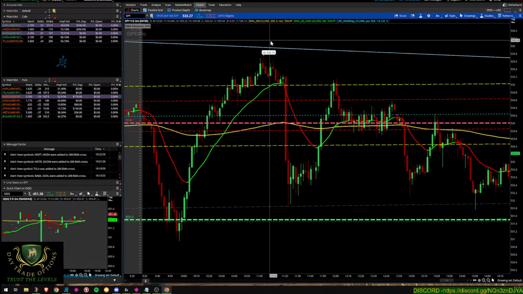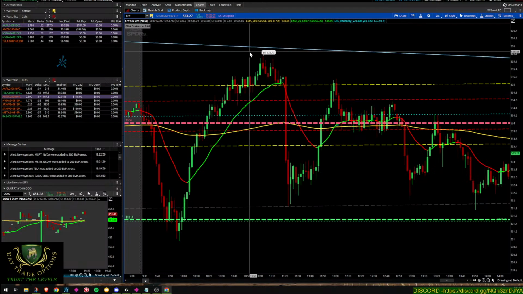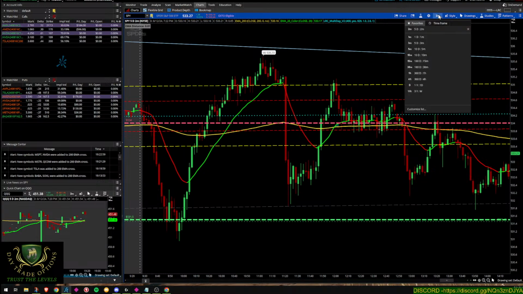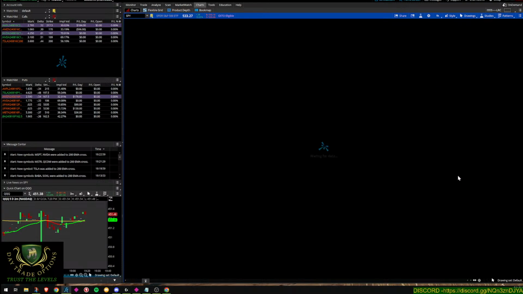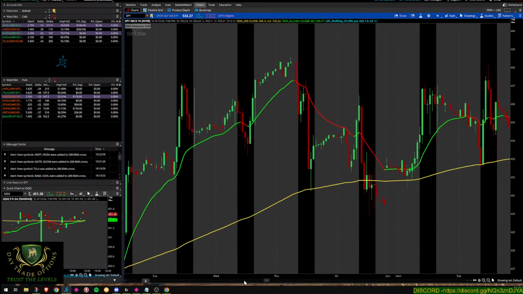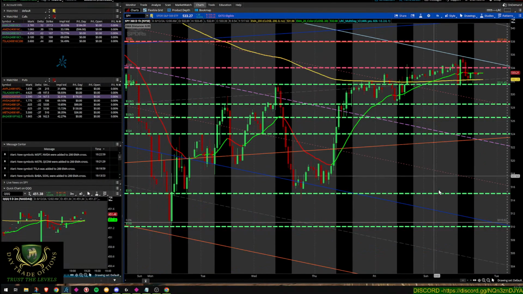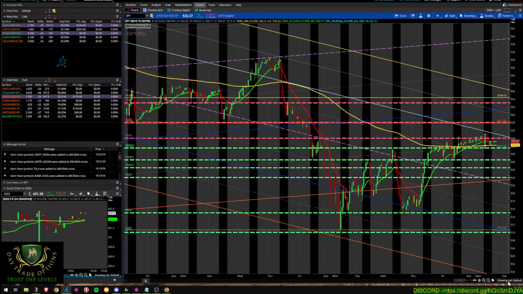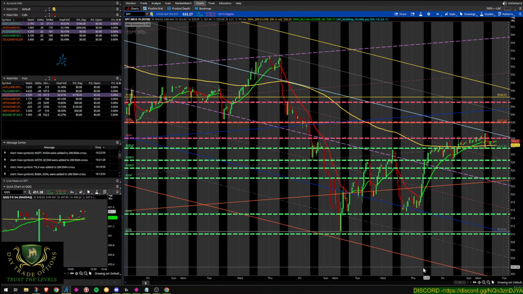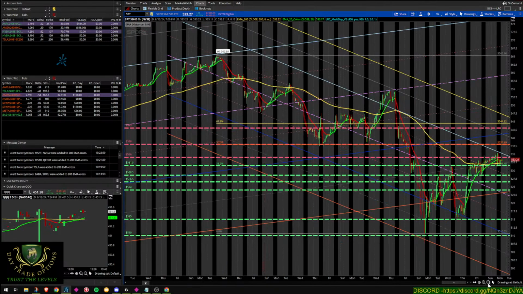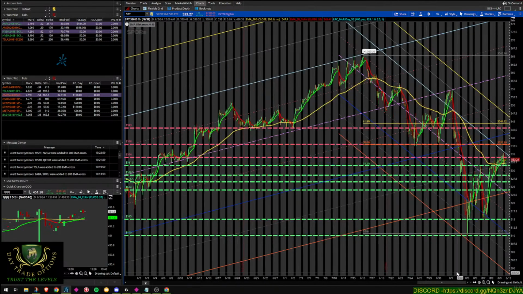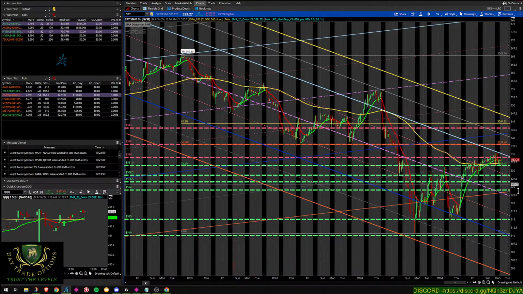Now remember, this is an area because the long LRCs, let me go and show you how I place those. This might get a little messy because I have all of my levels on this one. Here, let me go to, well, this is fine. So I go to the 1 hour chart typically. Sometimes I'll do a 4 hour or 30-minute, it just depends. And I'll draw, oops, I went a little too far out.